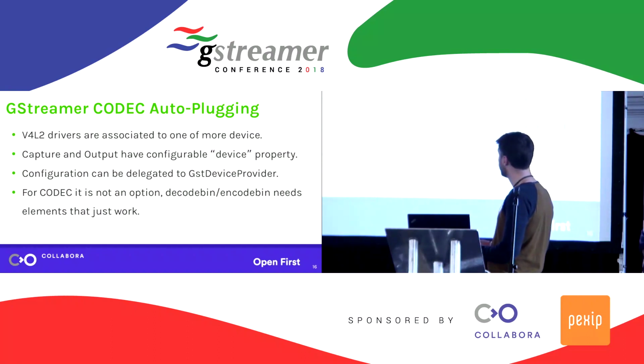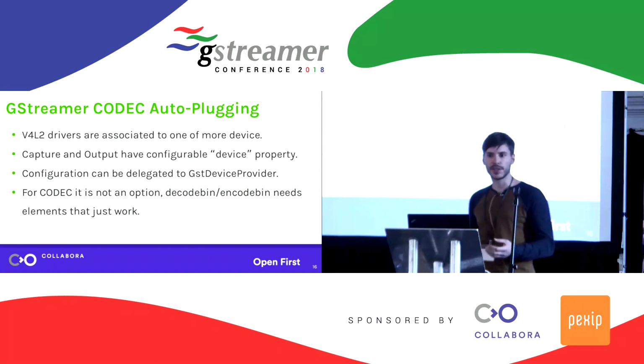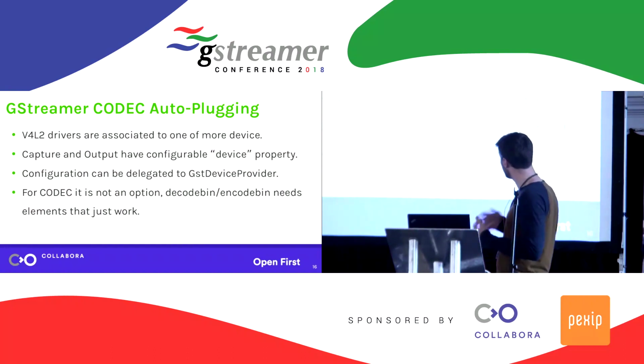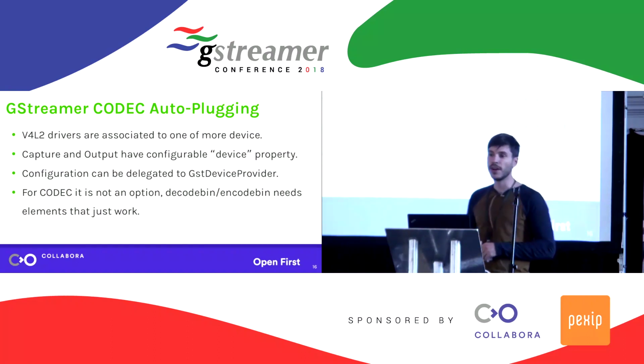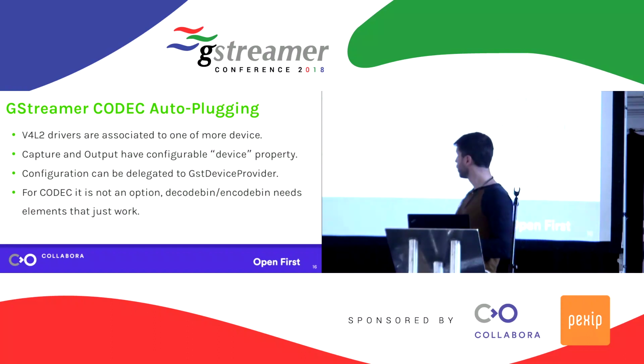So the basics: when you have the V4L2 source and V4L2 sink, you have a device property, and you can configure the device property. If you don't want to do it yourself, you can use the device provider from V4L in order to get the device, and that can be used to configure the element for you.